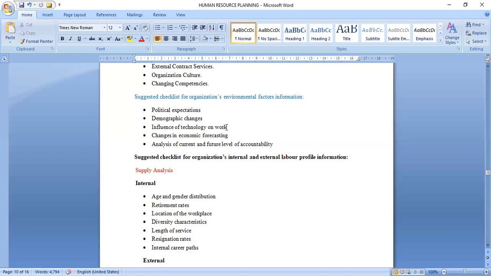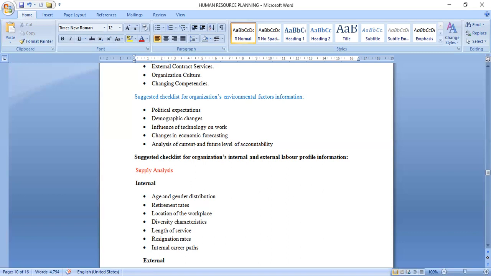Maybe if there are new machines coming in, you require people that have the appropriate expertise to operate those machines. So that will definitely require the human resource planning process to come in.